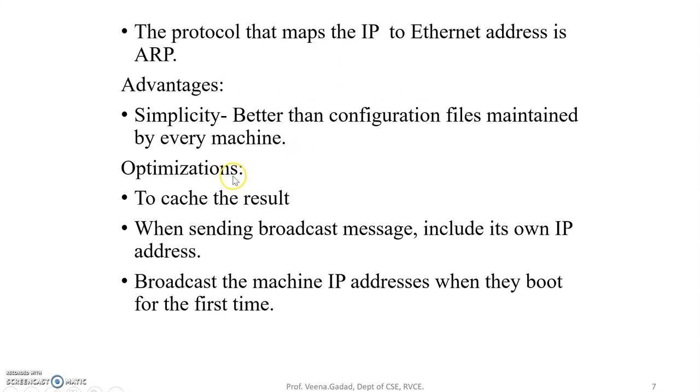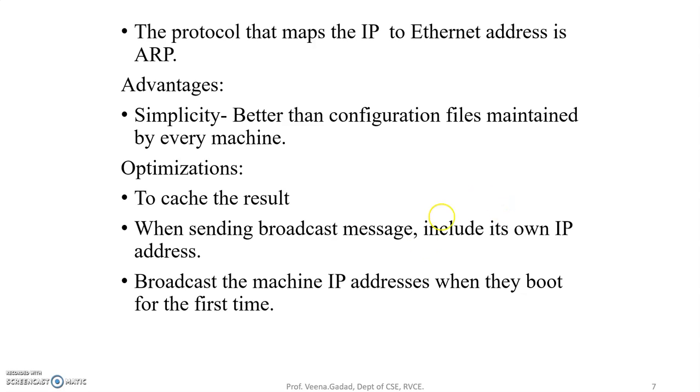Now there are a few optimizations on this protocol. First one is to cache the result, right? So whenever I get the mapping, I store it in my cache so that any further transmission to the same machine would not require me to broadcast the message again. Also, whenever I send a broadcast message, I include my own IP address in that message so that the destination can build a packet using my Ethernet address and send it to me.